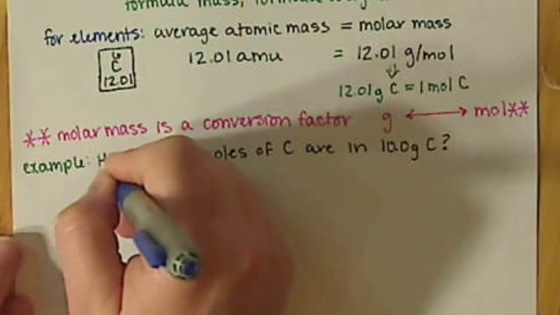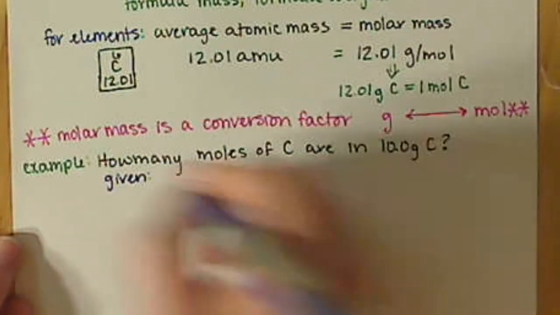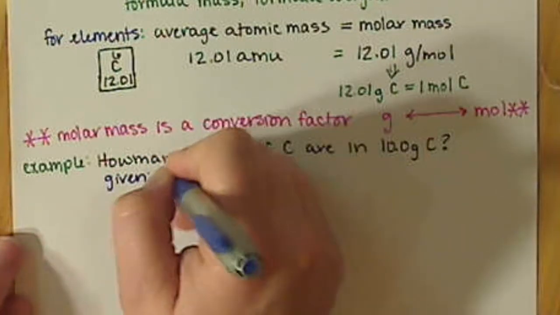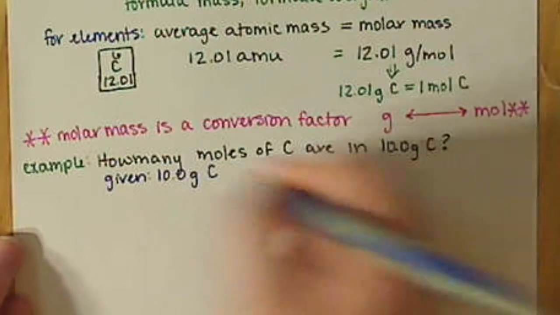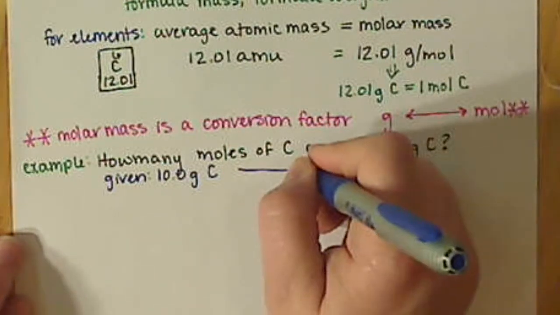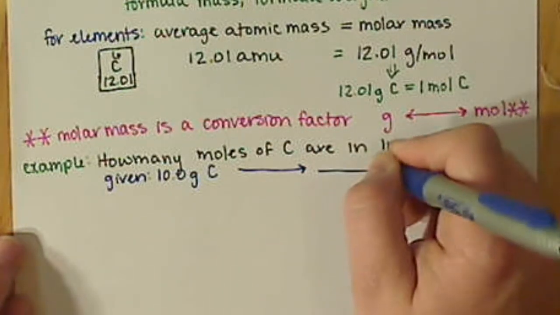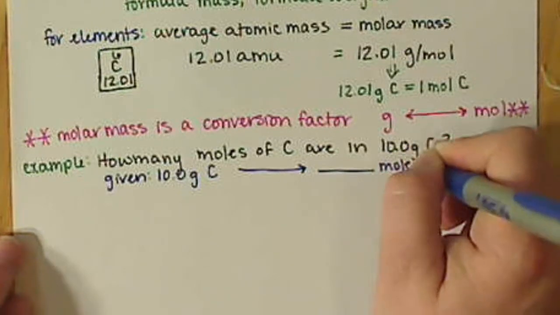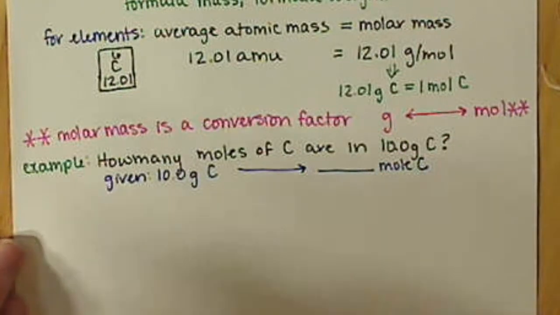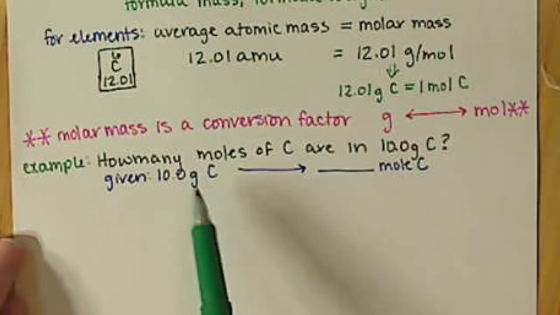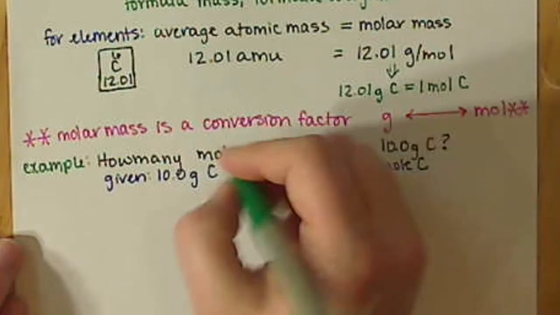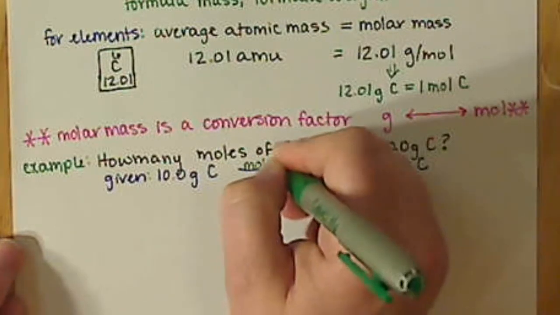Basically we're given our 10.0 grams of carbon, and we want to know how many moles of carbon that is. In order to do that conversion, we're going to use our molar mass.